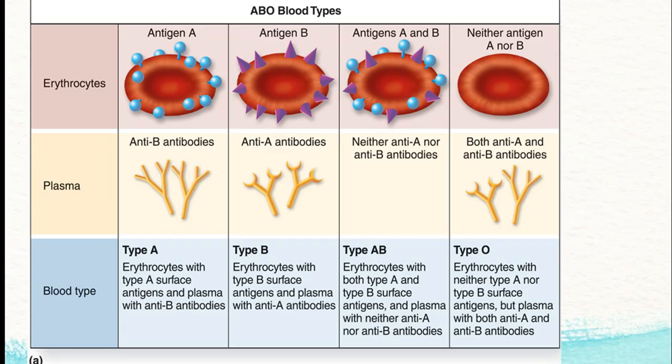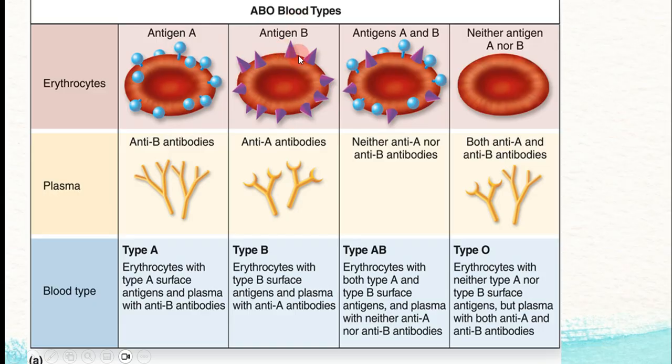Did we watch the video, I think we did, in the last module, about how when they gave blood transfusions to people, they couldn't understand why sometimes it saved their lives and sometimes they died? Well, that's because they didn't understand blood types at the time. So here, if you have type A blood, then you have a marker on all your red blood cells, and you make antibodies against B.